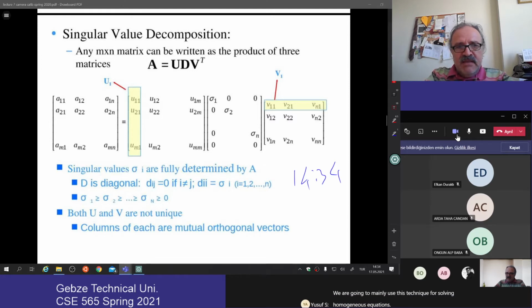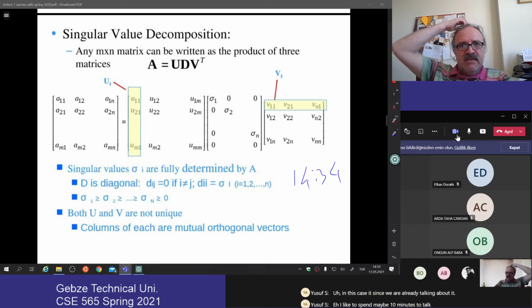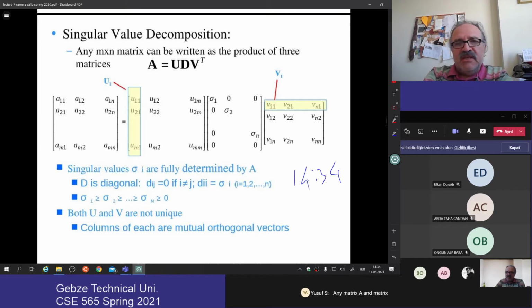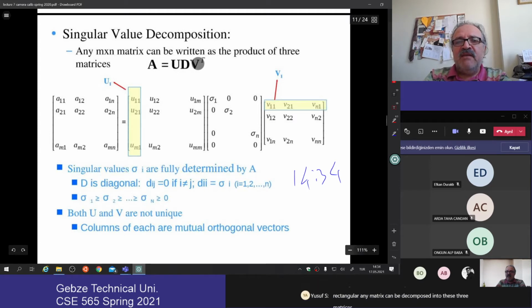Since we are already talking about it, I'd like to spend maybe 10 minutes to talk about singular value decomposition, where we can use it anywhere else. Any matrix A, it doesn't have to be square, it could be rectangular. Any matrix can be decomposed into these three matrices: U, D, and V.